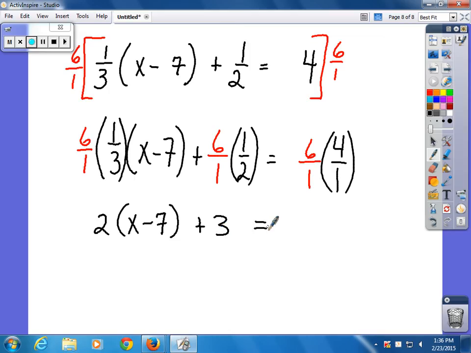And what is 6 times 4? Now, I don't know about y'all, but I would much rather work with this than work with this. Now you see why people can't do algebra. They can't do algebra because they don't know how to do fractions.